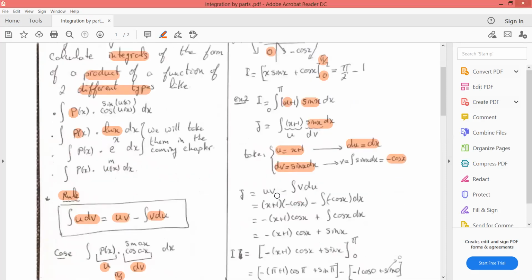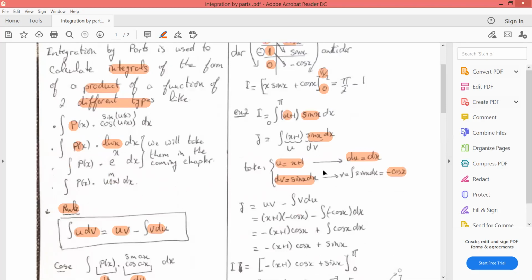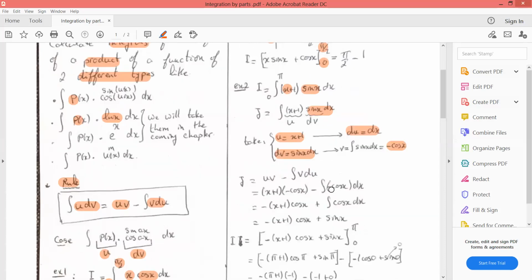So J equals uv minus the integral of v du. uv is x plus 1 times minus cosine x, minus the integral of v du; v is minus cosine x and du is dx, so minus minus is plus cosine x dx.